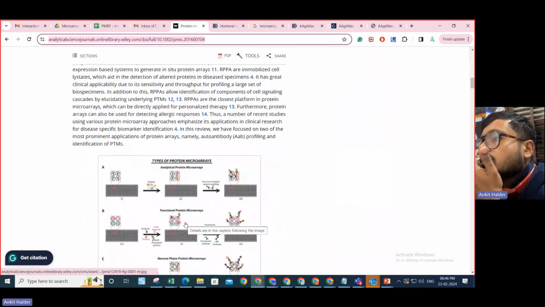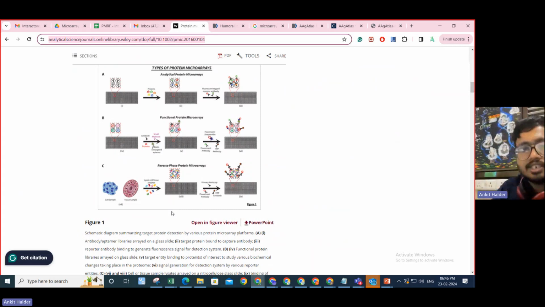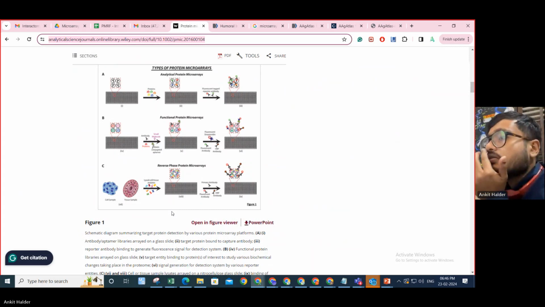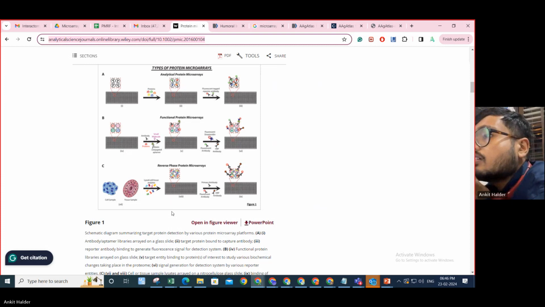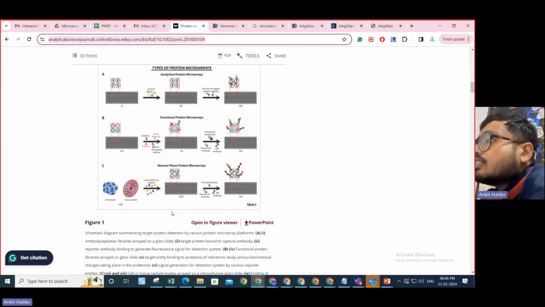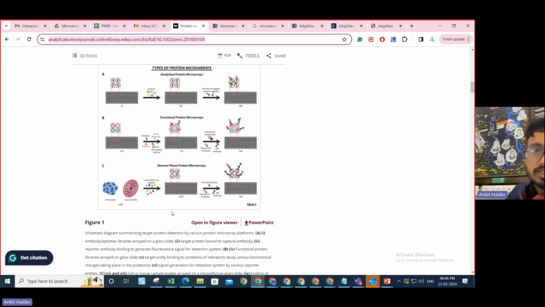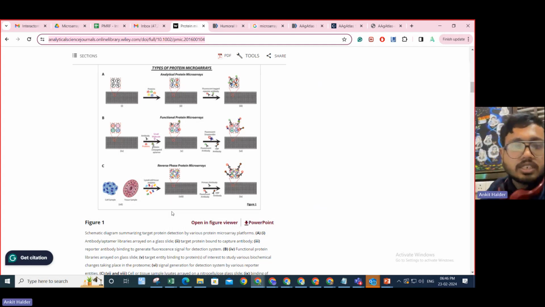So you have the functional protein arrays and the reverse phase protein arrays, the tissue lysate, where you have the tissue sample and lysing, and then you have the proteins and the antibodies further getting into the picture. This we have already discussed, and I don't think we need to discuss it again.